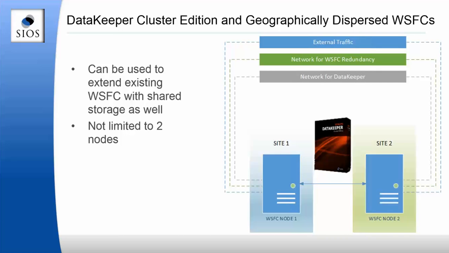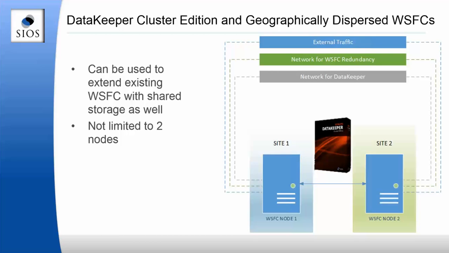So even if you're not going to use DataKeeper Cluster Edition, SIOS has other editions if you just do traditional disk mirrors using this software technology. So you can just mirror disk, and in those cases, what a lot of people do is they will have their disaster recovery site essentially down, or at least their instances turned off. And Windows may be on for the disk mirroring, but they only power the SQL Server instances on in the DR site when they need to bring them on.